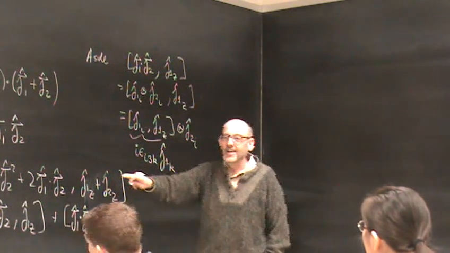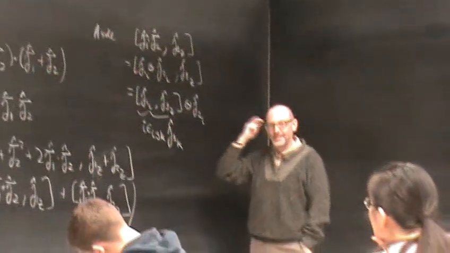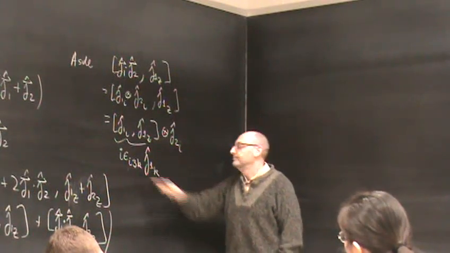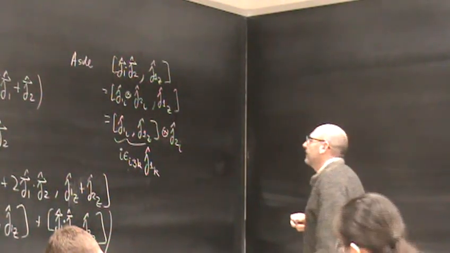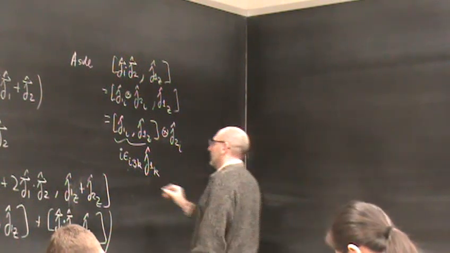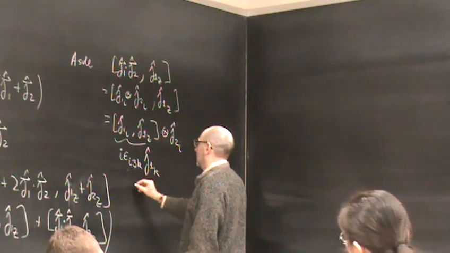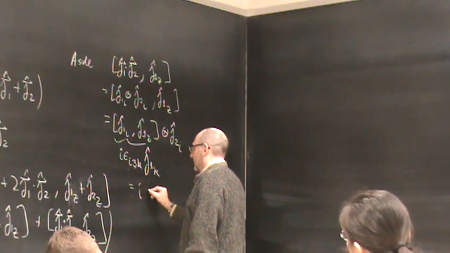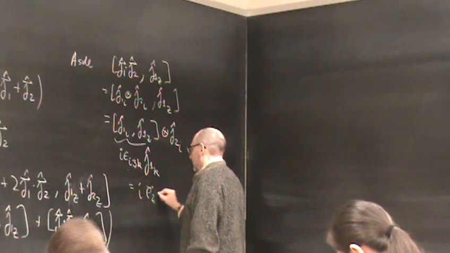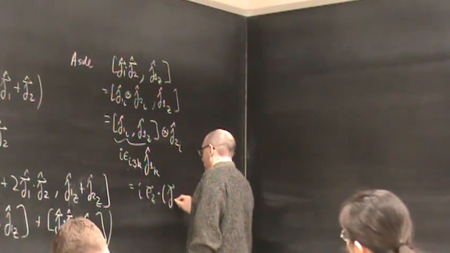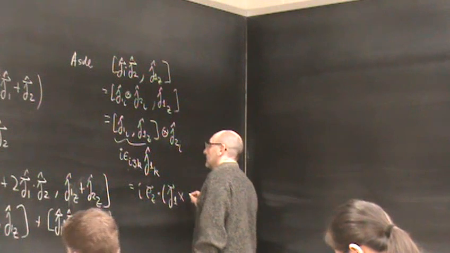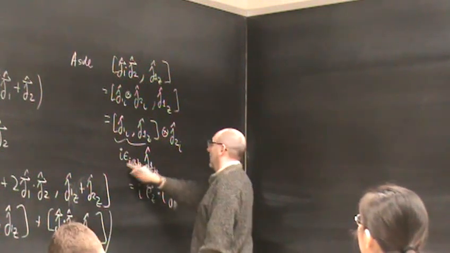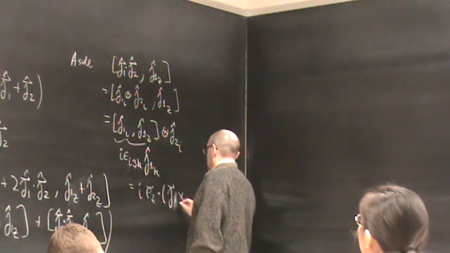That's where we had the epsilon ijk. So this is equal to i e_z dotted into J2 crossed into J1. Okay, i goes on that side, J1 cross J2.